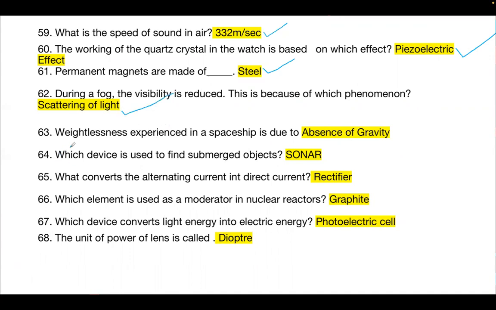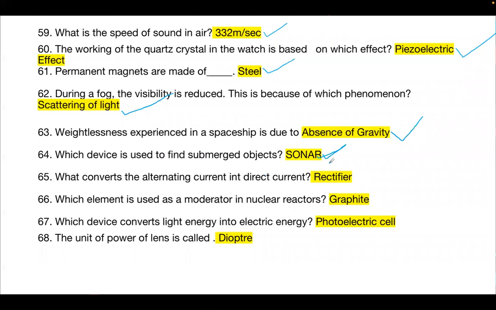Okay. Weightlessness experienced in a spaceship is due to absence of gravity. So if we go to space, we will be having no gravity. Which device is used to find submerged objects? So sonar.